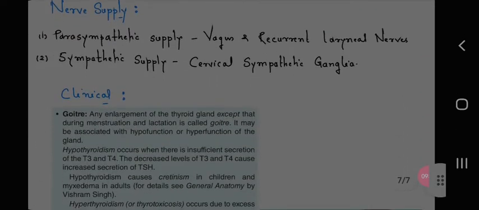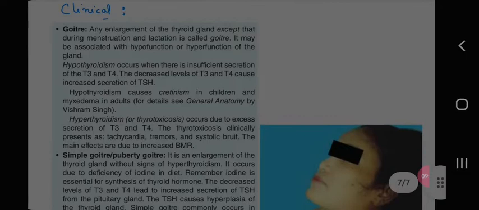Nerve supply: parasympathetic supply is from the vagus and recurrent laryngeal nerve, and sympathetic supply is from the cervical sympathetic ganglia.